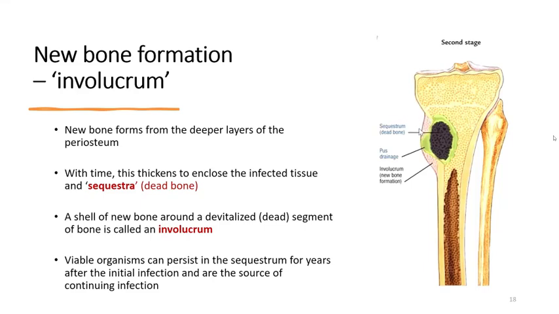So imagine three-dimensionally, the new bone will form from the periosteal surface surrounding this area, like an eggshell surrounding that area. So the purpose of forming this new bone is to limit the infection to this side and to facilitate the bone healing. So if we can treat the patient properly, this part will be removed, and the new bone will replace this damaged area. There won't be an issue.